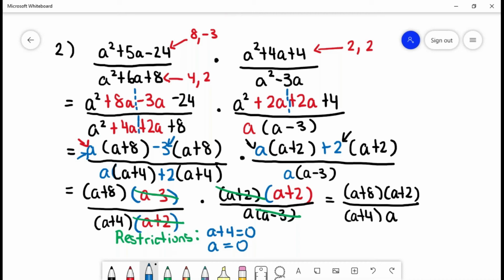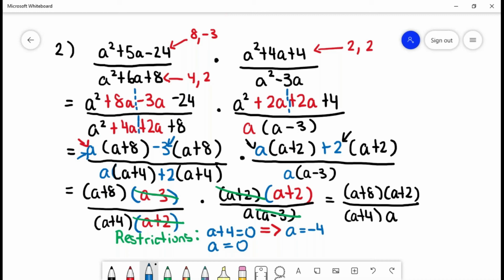So I'm basically equating each term which is being multiplied in the denominator to 0. Now we simply have a is equal to 0, and we have a plus 4 is equal to 0, and if you subtract 4 on both sides, you get a is equal to negative 4. So we have a is equal to negative 4 and a is equal to 0, and these are the restrictions.